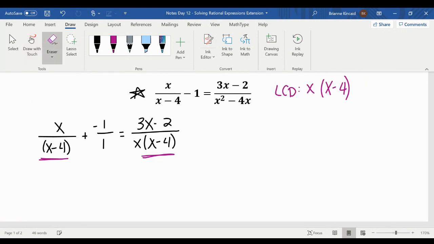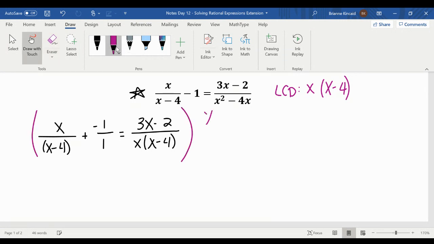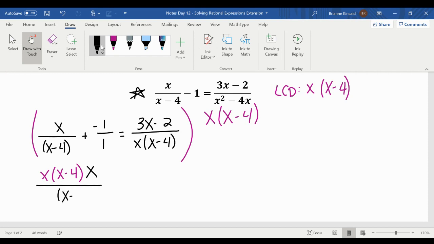So now I'm going to multiply this entire thing by my LCD, the x times x minus 4. That means in my numerator, I am going to have the x times x minus 4, and then my original problem, x over x minus 4.